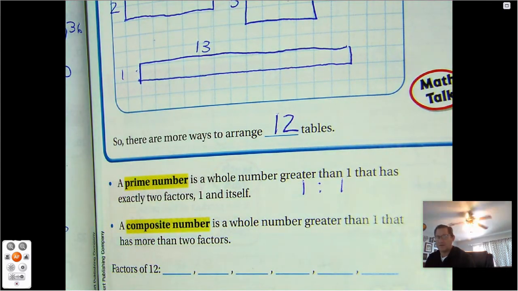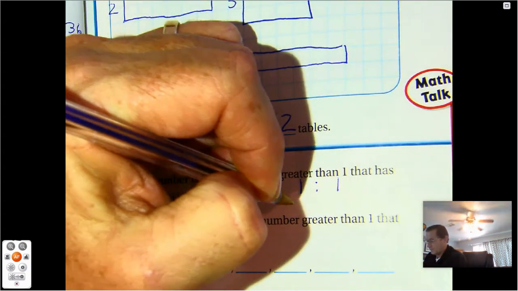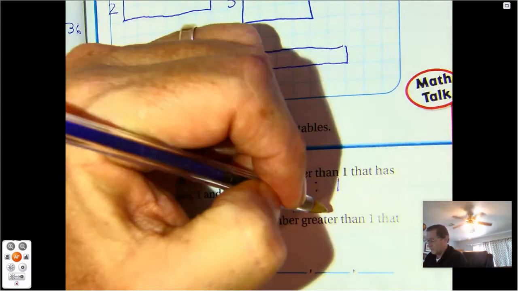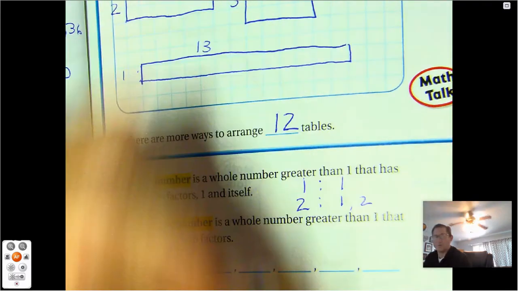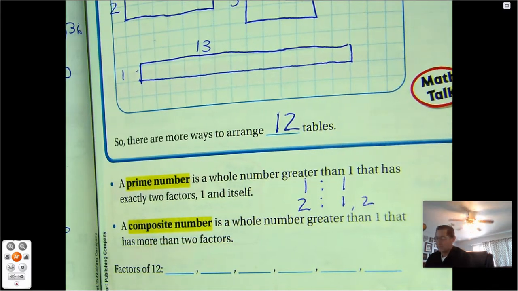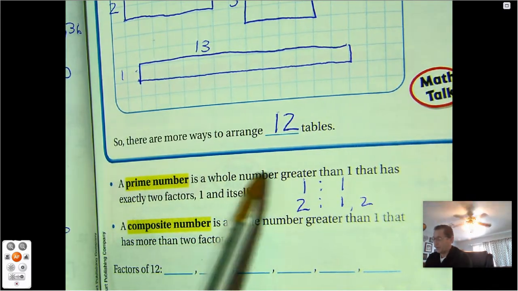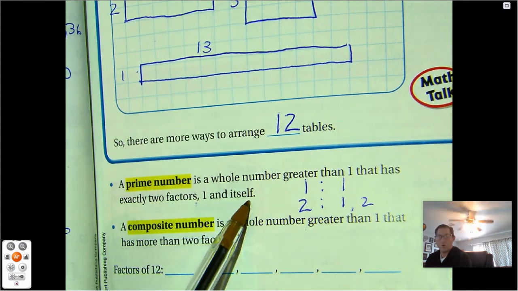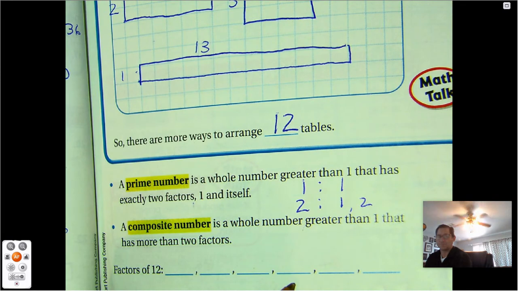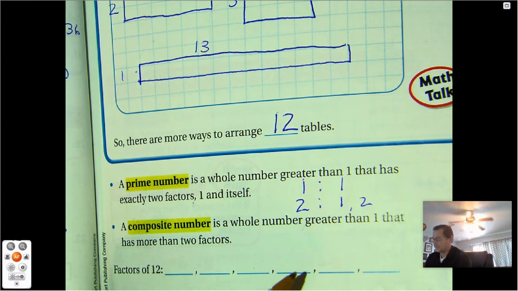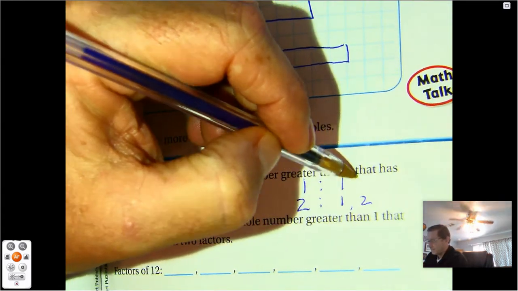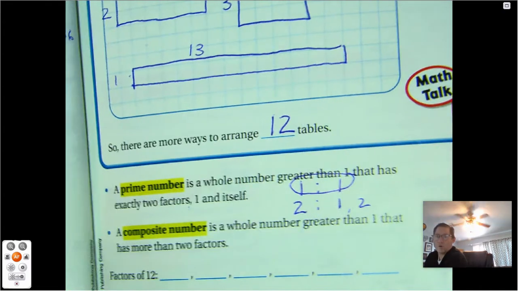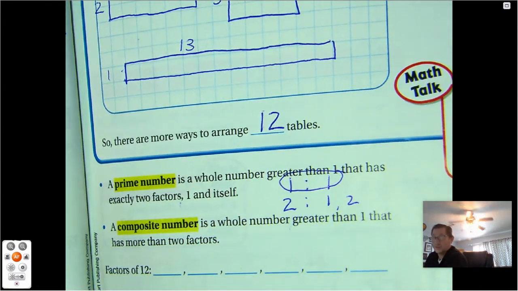So that's why it has to be greater than 1. If we go to 2, well, we see that 1 and 2 are factors of 2, right? So a prime number is a whole number greater than 1 that has exactly 2 factors, 1 and itself. Okay. So 1 is what we call neither prime nor composite, because it only has 1 factor.